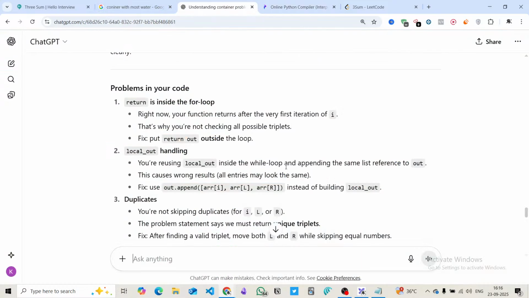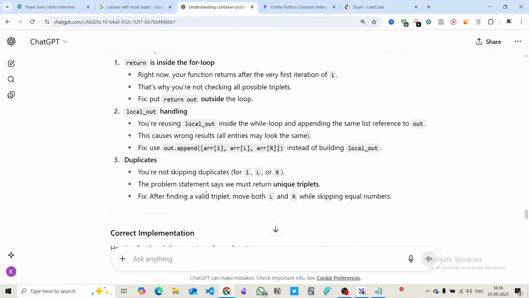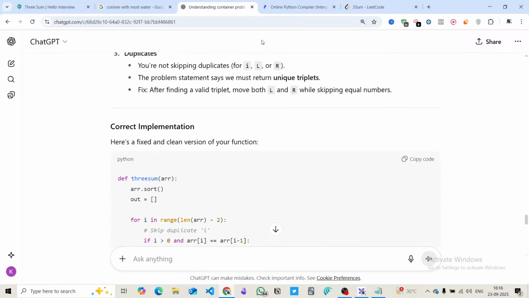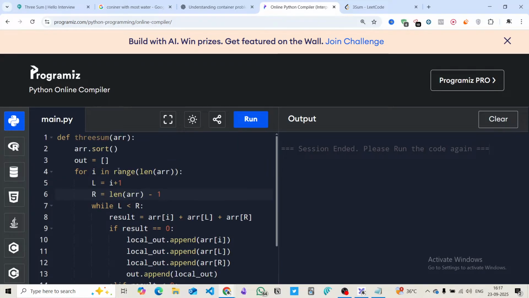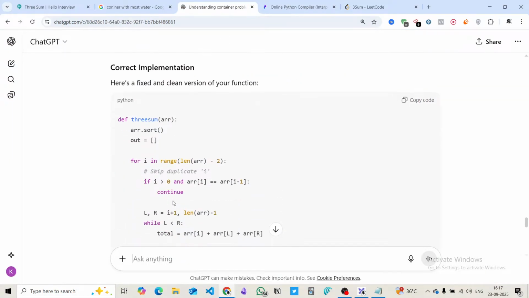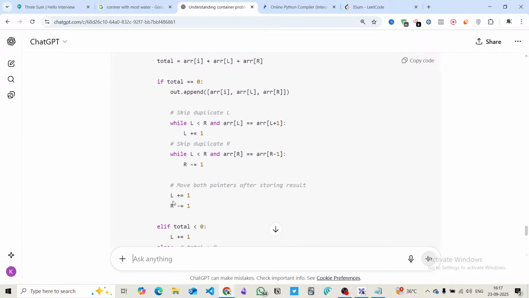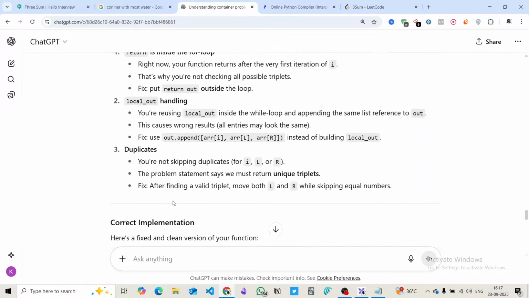Sorry, I made the same mistake. I forgot to reset the value. So it's going to AI. Really understand this.